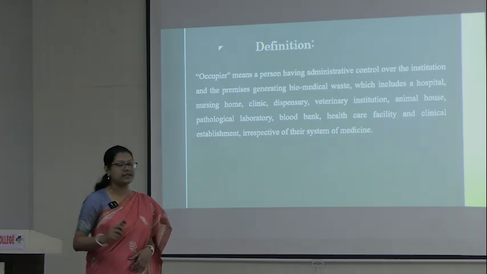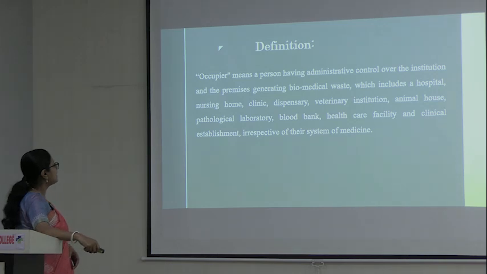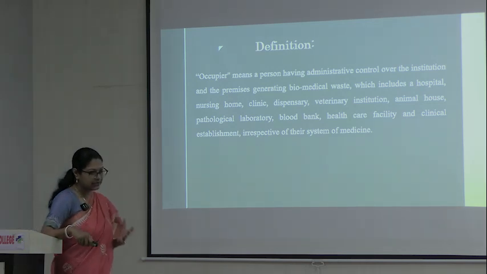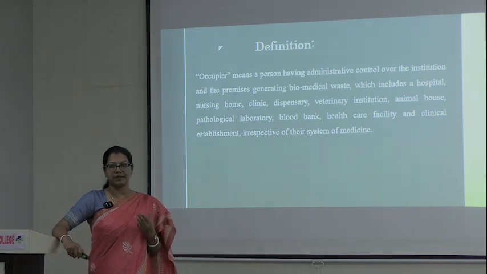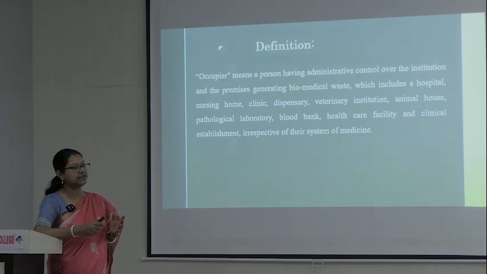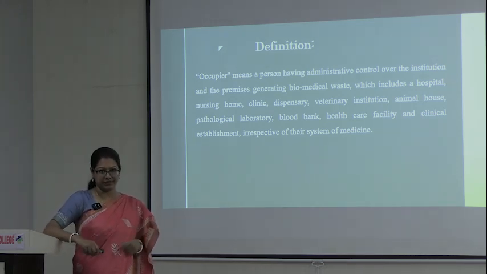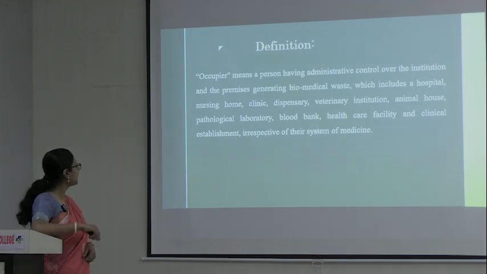What is the meaning of an occupier? Occupier means a person having administrative control over the institution and the premises generating the biomedical waste. If I am running one clinic or one pathological laboratory, then I am the occupier of that health institution. Then they have given some rules for me on how to handle the biomedical waste that I have generated.